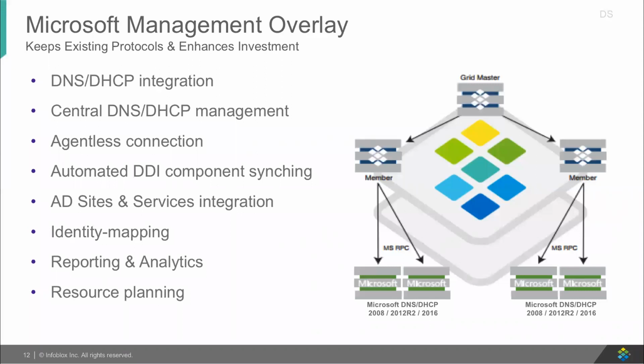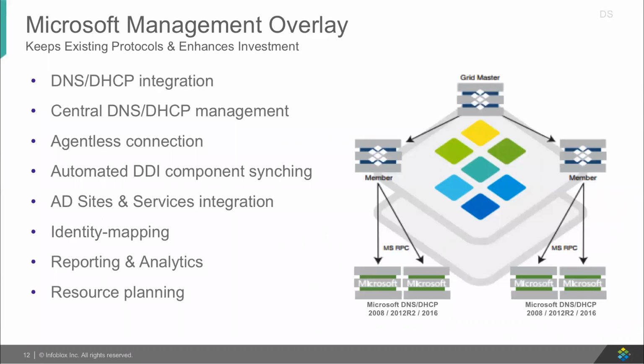There's a database. We have connections out to the Microsoft servers running DNS or DHCP Active Directory. And we're discovering all those things, giving you a central place to manage it. So it's not just a view, you can manage it. You can change DHCP, DNS properties, add records, that sort of thing from our UI, and it will take control of those Microsoft machines. Or if you continue to use the Microsoft management system, then we'll discover those as well.